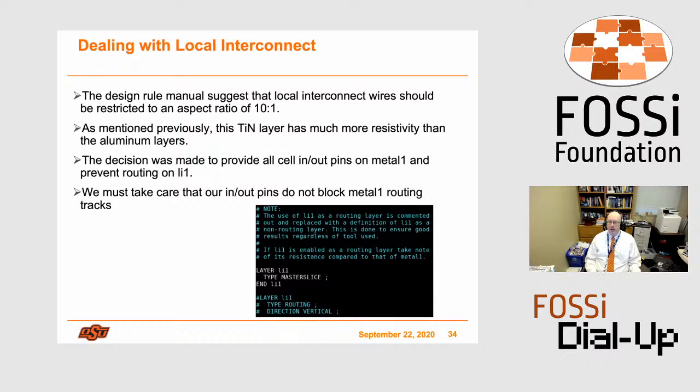So the decision was made to provide all cell input and output pins on metal 1 and prevent routing on Li1, even though you can do that within the cell, but we take care of that in and out to not block any of the metal 1 tracks. And we do that with a LEF file, and you can see that below. We've commented out the routing layer for the local interconnect and made it a master slice, which means to avoid it as it's used within the standard cell sets.